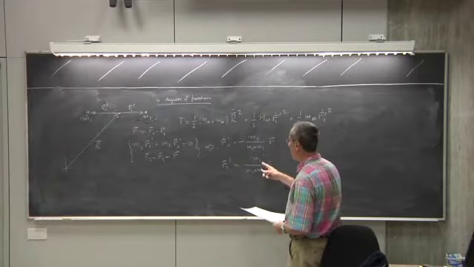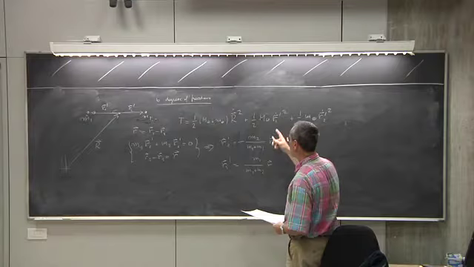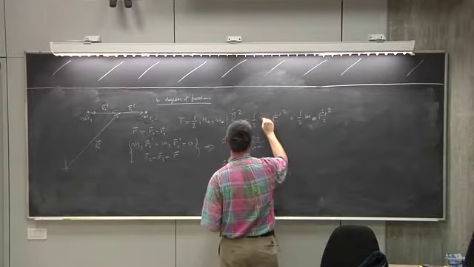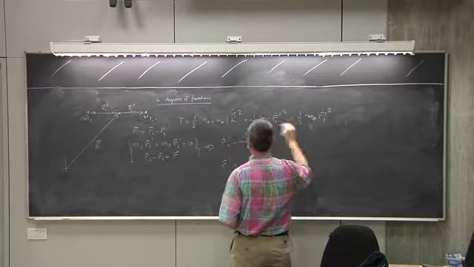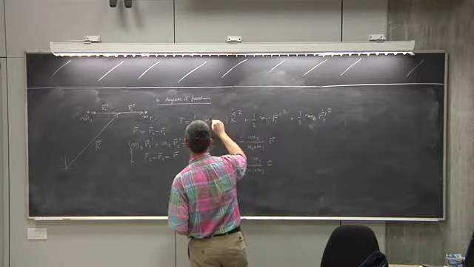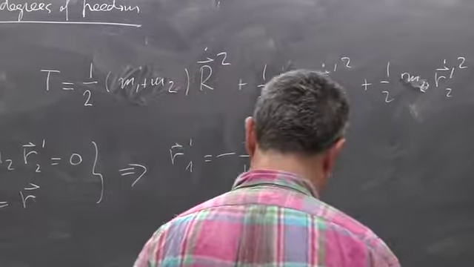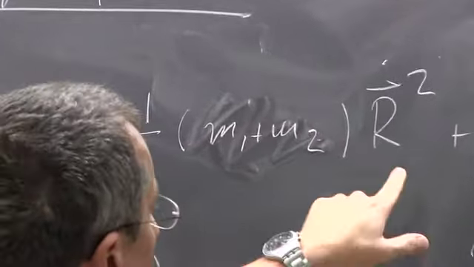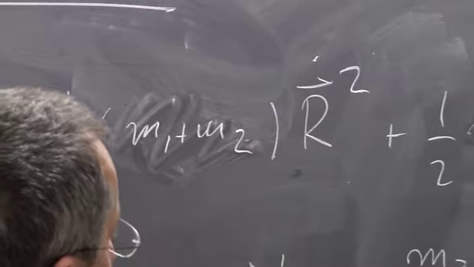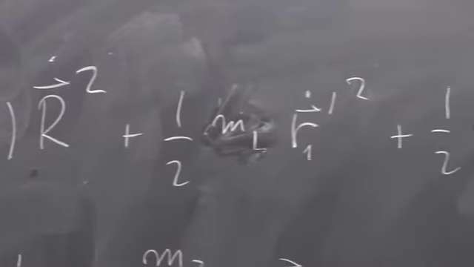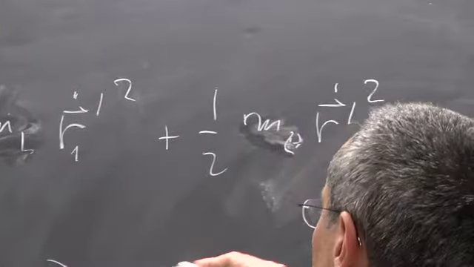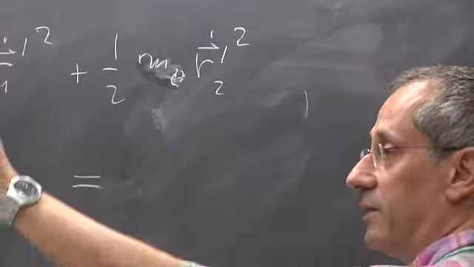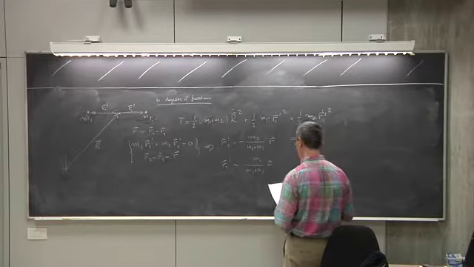Okay, so now I want to switch. So now I guess this is M2. No, this is M1, this is M2. That is simpler to write. So now I can write the kinetic energy in terms of my coordinates, the center of the mass coordinate and the relative distance from the Sun to our planet.